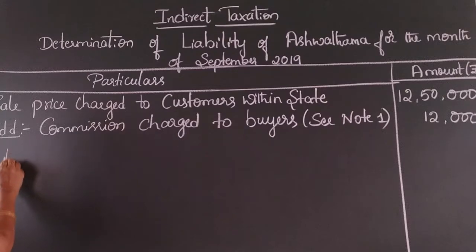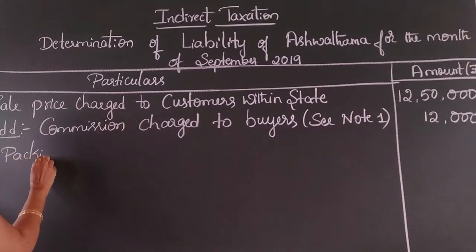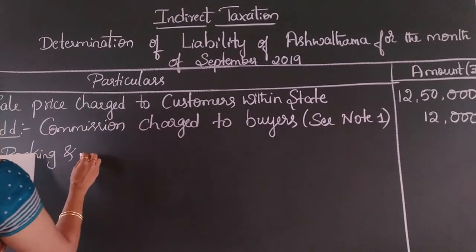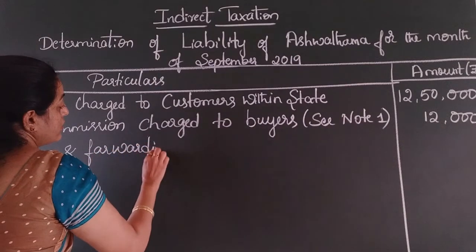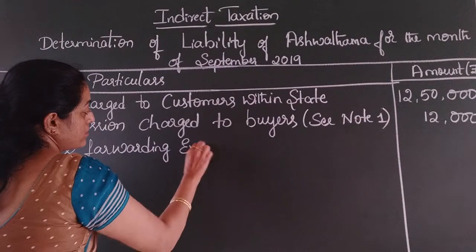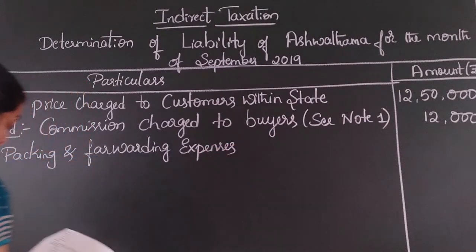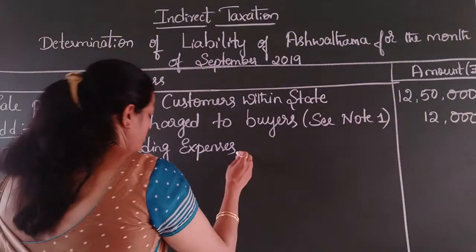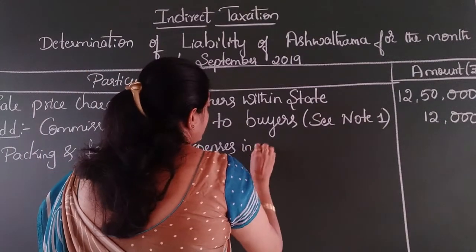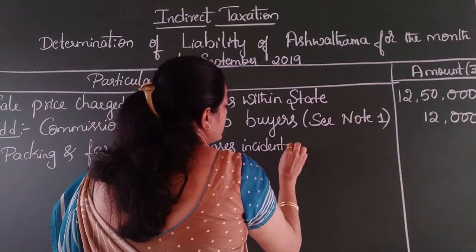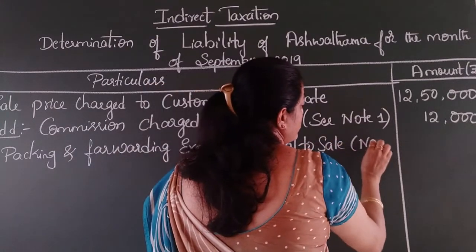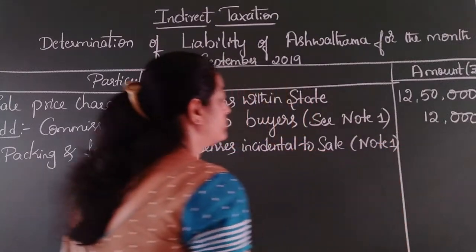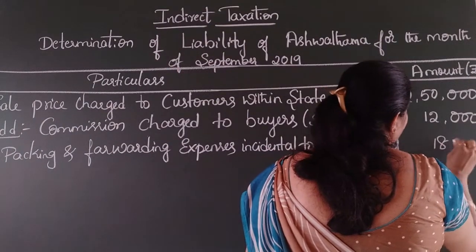Next, add packing and forwarding expenses incidental to sale. You can refer to note 1. That is 18,000.